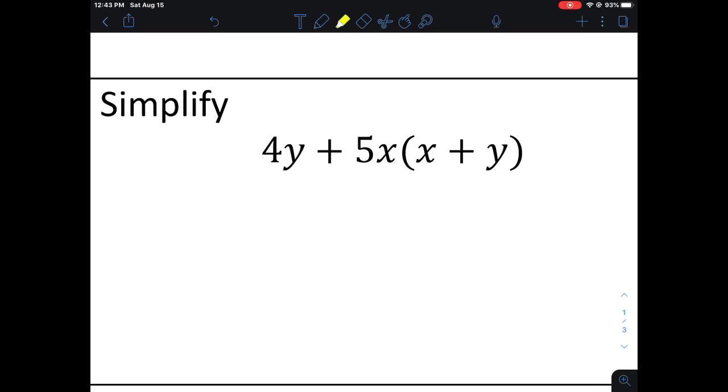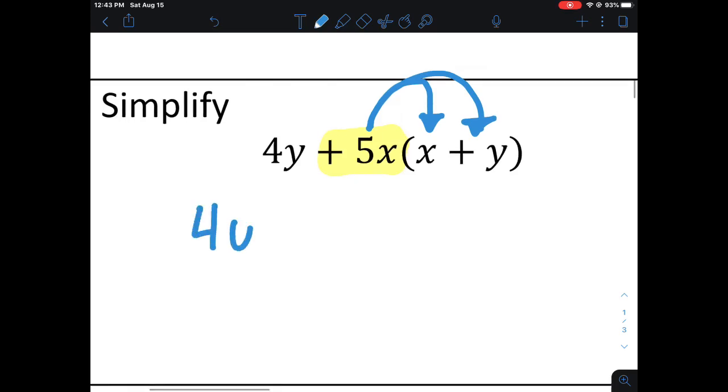Okay, this one, we have a positive 5x that we will distribute to the x and to the y. Okay, so we've got 4y plus 5x times x. X times x we can write as x squared.